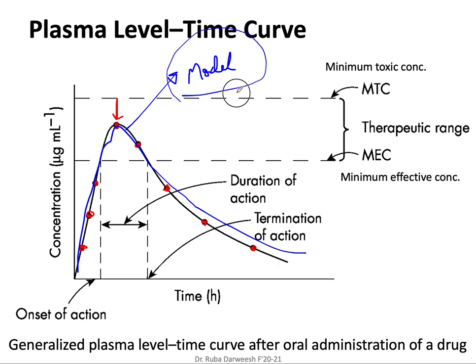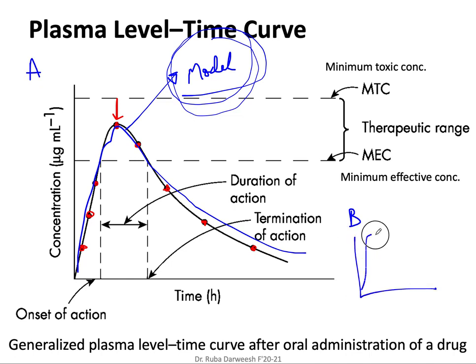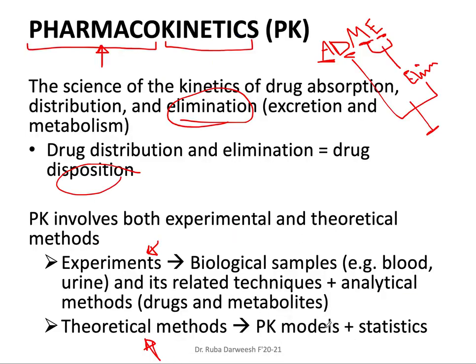And after you have your model, for sure you will have some kind of statistics to compare this profile, let's say under condition A, with another profile under condition B, or the drug under healthy condition versus the same drug under disease condition, or the drug if it's oral versus if it's intramuscular, let's say. So as we mentioned here, after the modeling, we need to do some statistics to understand which is better and which is significantly different or not.